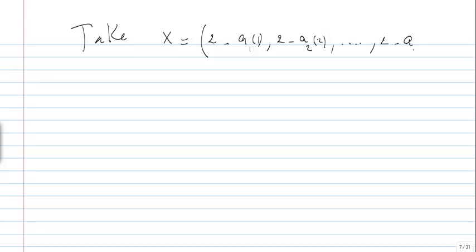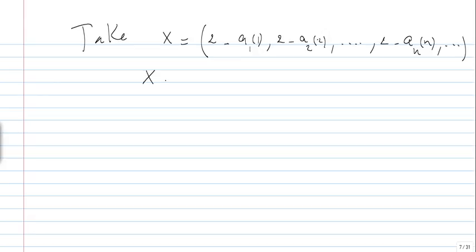So now take x to be equal, okay, so for the first one, we look at a1 of 1, okay, so we are going to take 2 minus a1 of 1, comma. The next one is going to be 2 minus a2 of 2, okay? And the nth one will be 2 minus a n of n, etc.